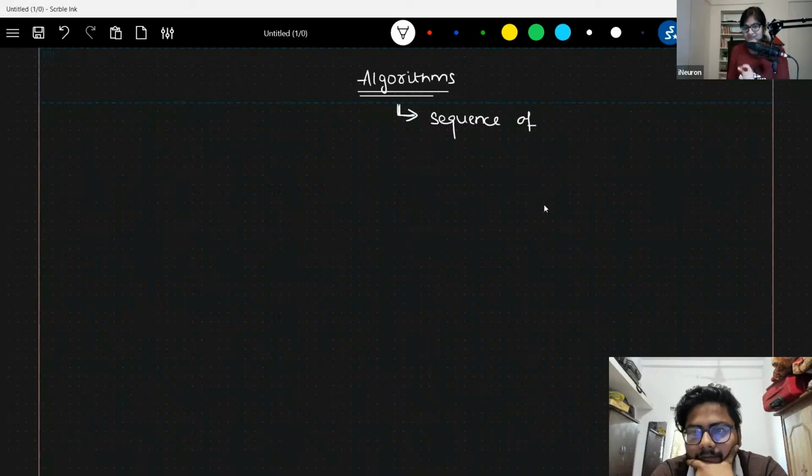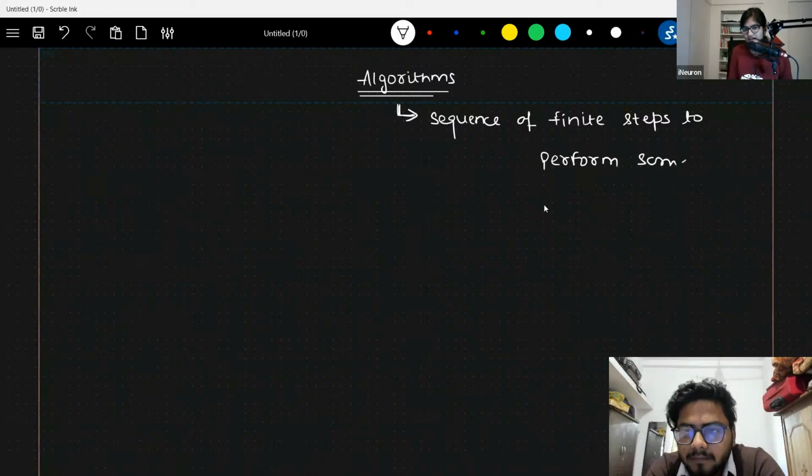But now these steps should be finite, so I'm adding one more term here: sequence of finite steps to perform some specific task.